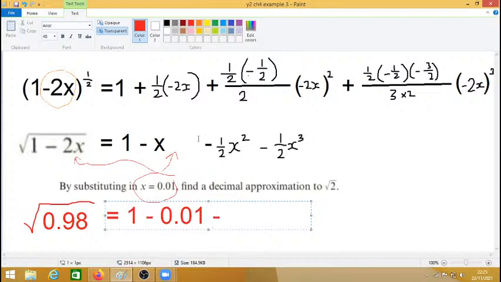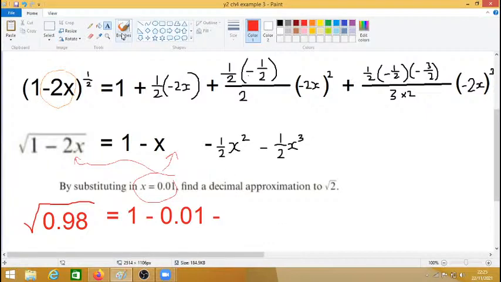Then we've got minus a half x squared. So x is 0.01, so it's minus a half times 0.01 squared, minus, and then the last term is a half again, and this time it's 0.01 cubed.